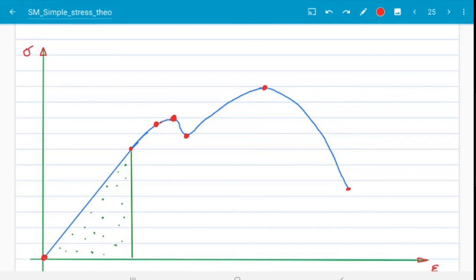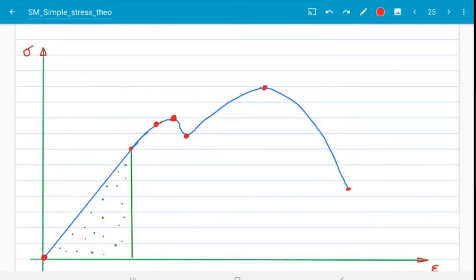No chance to control. It will be loaded till the failure, last point. How much energy will be absorbed by the bumper? That we have to calculate. In that case also, energy related to plastic deformation should be calculated. So I gave two examples. One is metal forming process, another one is accident case bumpers.